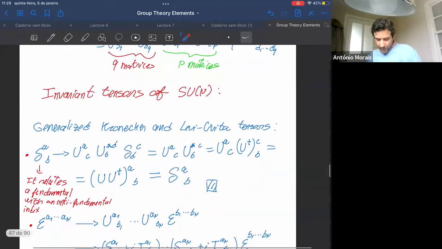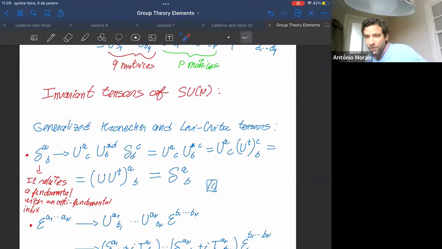Epsilon is also an invariant, but epsilon does not relate fundamental with anti-fundamental. It's either all fundamental or all anti-fundamental. This is why I tend to use epsilon with indices always on top or always on bottom, because that matters in understanding whether they are fundamental or anti-fundamental.